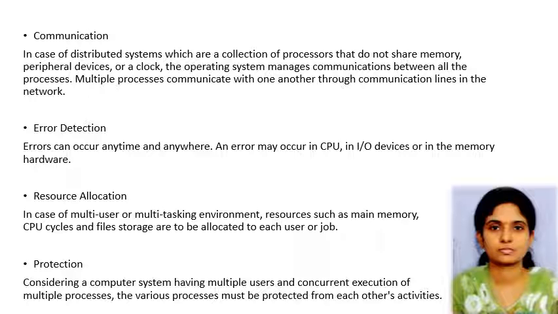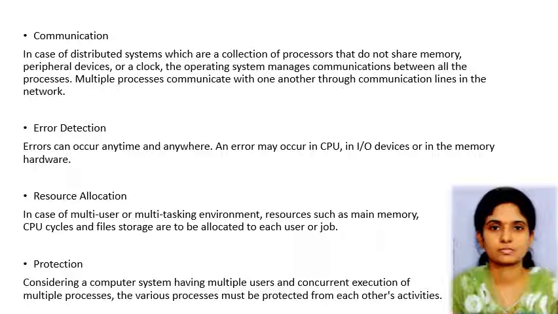Next is error detection. The error detection service, or you can call it error handling, can occur anytime and anywhere. Errors might occur in the CPU, sometimes in input output devices, sometimes in memory hardware.